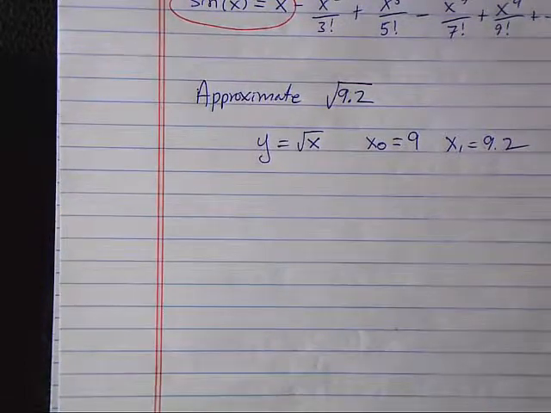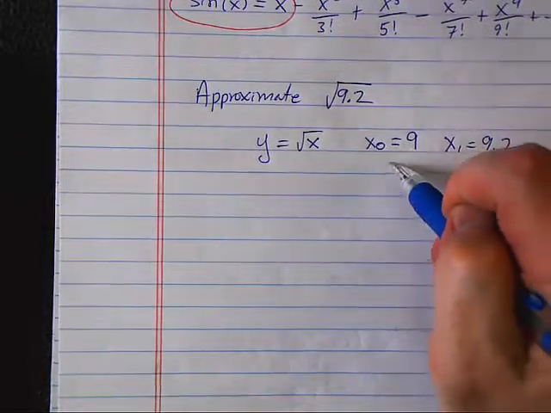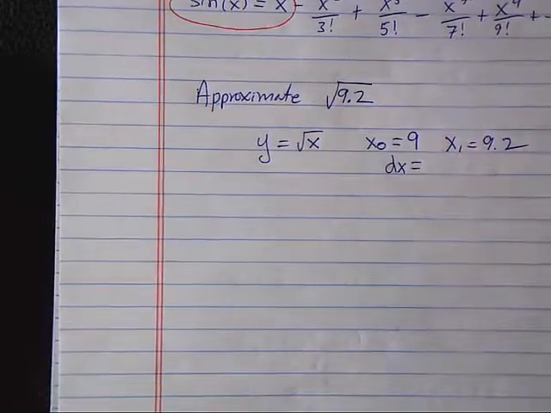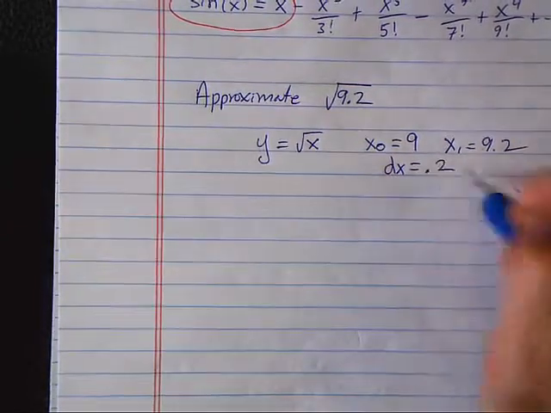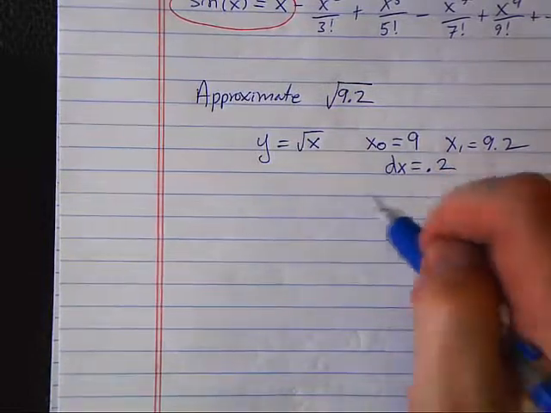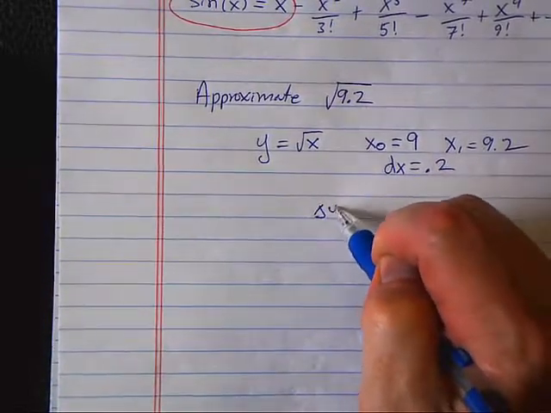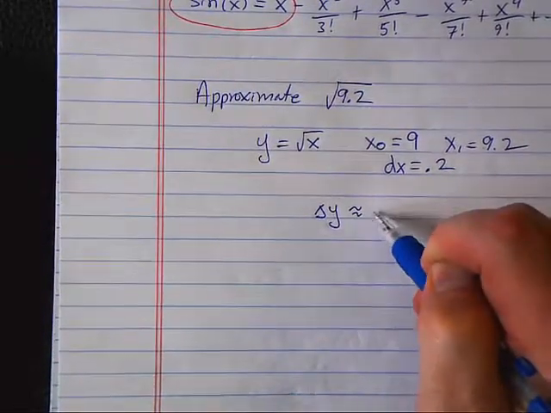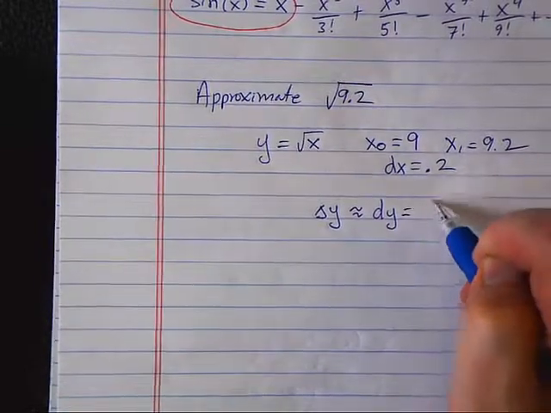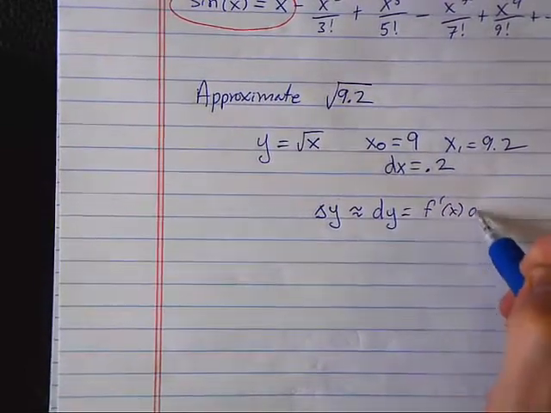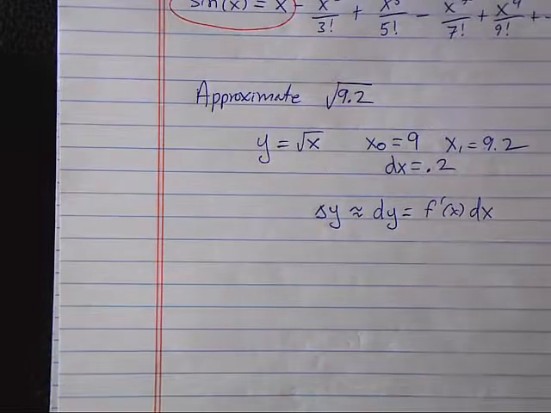Correct. So what's dx in this case? 0.2. All right, so the change in y is approximately equal to dy, which is f prime of x dx. What's the derivative?